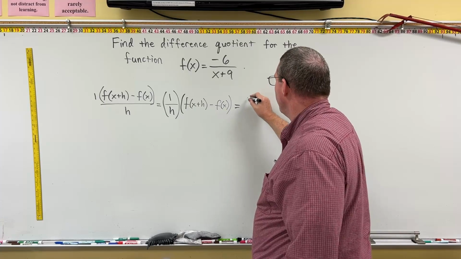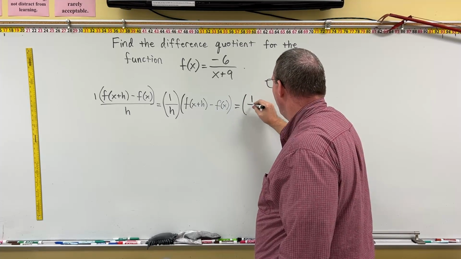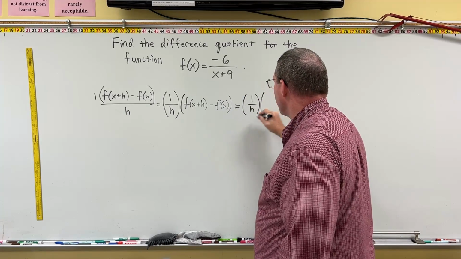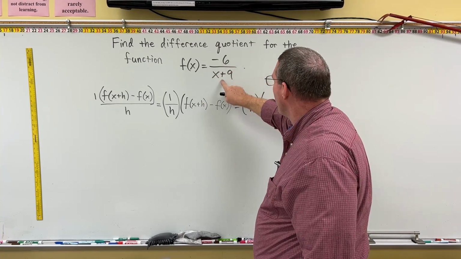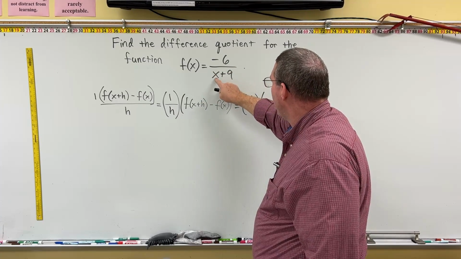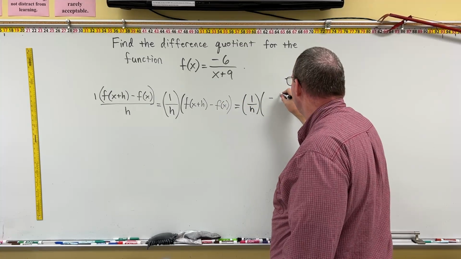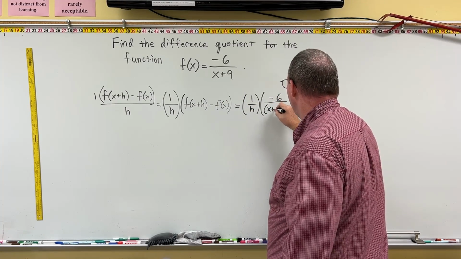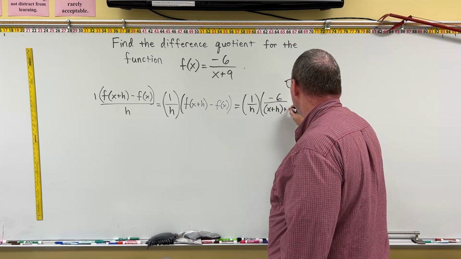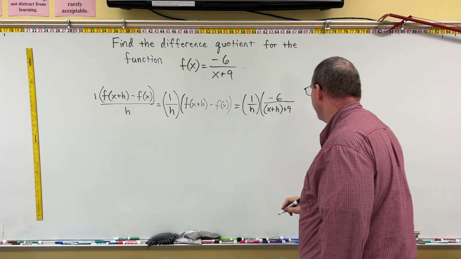So now this is going to be 1 over h times, well, what is f of x plus h? It's negative 6 over this plus 9, but I have to put an x plus h in here. So I get negative 6 over x plus h plus 9, okay?